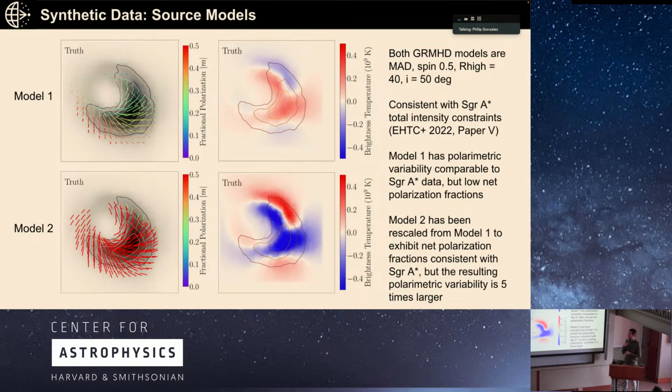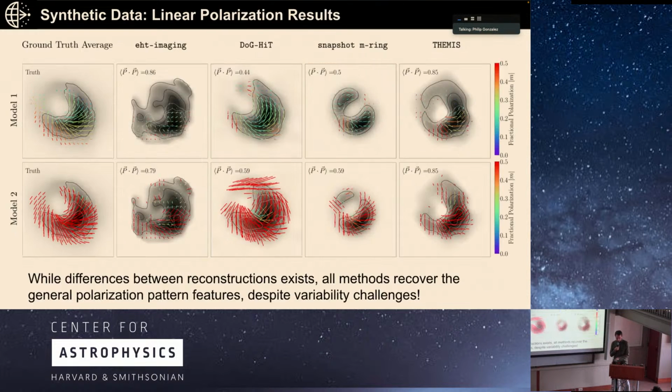So to compensate for that, from this model we generated this second model where we rescaled the polarization to the net polarization fractions that we actually observe in Sagittarius A*. But as a consequence of that, we see that the resulting polarimetric variability in the second model is much larger than what we see in the data. So these 2 models are reasonable representations of the polarization in Sag A* in slightly different ways.